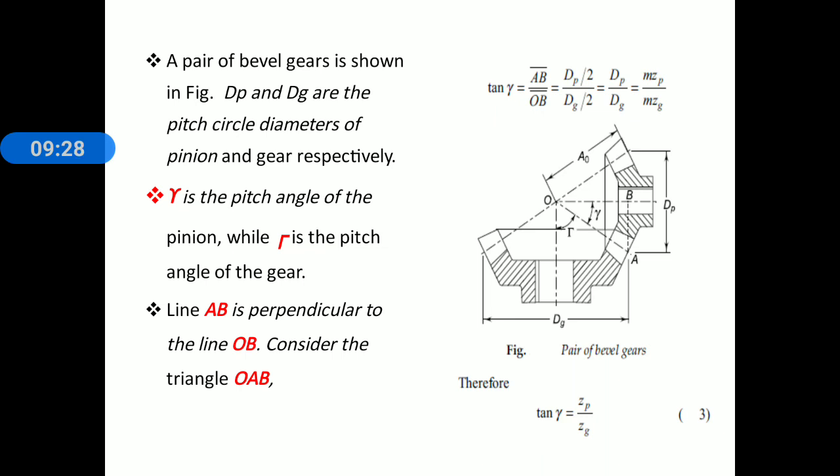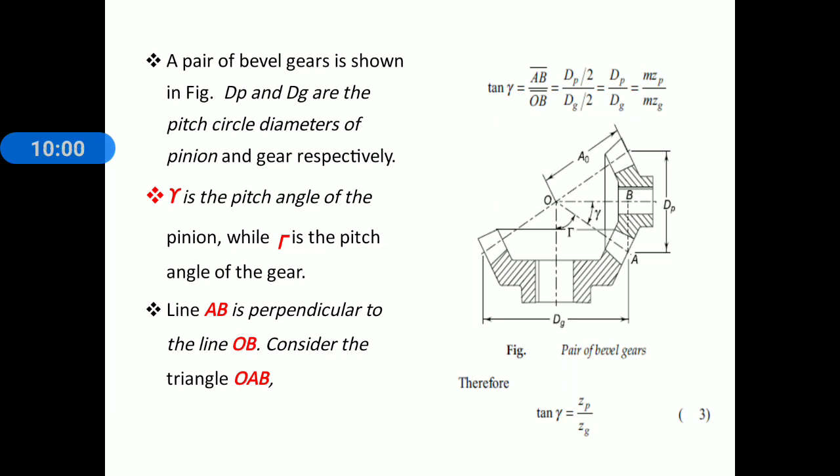AB is the pitch circle radius of the pinion, and OB is the pitch circle radius of the gear. dP by 2 divided by dG by 2, the 2 gets cancelled, and tan gamma is equal to dP by dG. We know the diameter is module into number of teeth, M into ZP divided by M into ZG. Module gets cancelled, and finally tan gamma gives the pitch angle for the pinion.